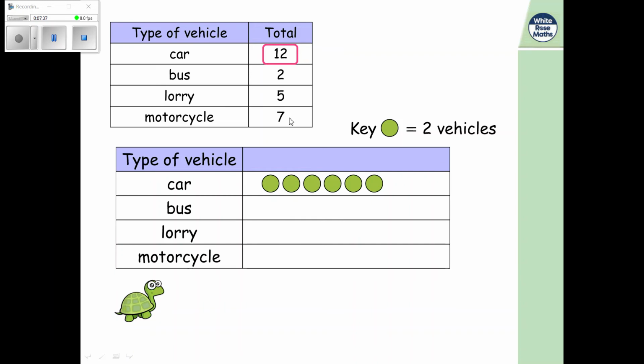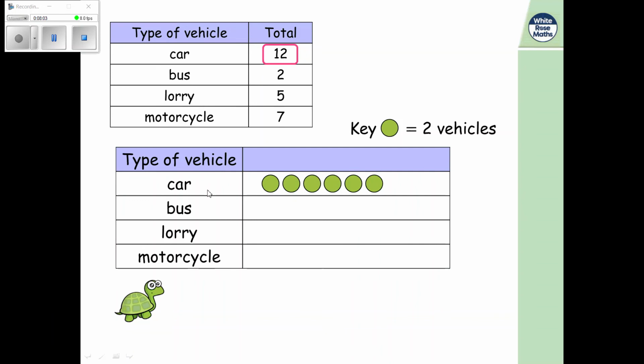So just remember here when you're drawing your 5, because we are counting in 2s, count up to the even number and then complete a semicircle for your half a circle for your odd number. Okay, so pause here and have a little draw at home. If you don't want to draw, then just have a little think and tell me how many circles or half circles you will need.